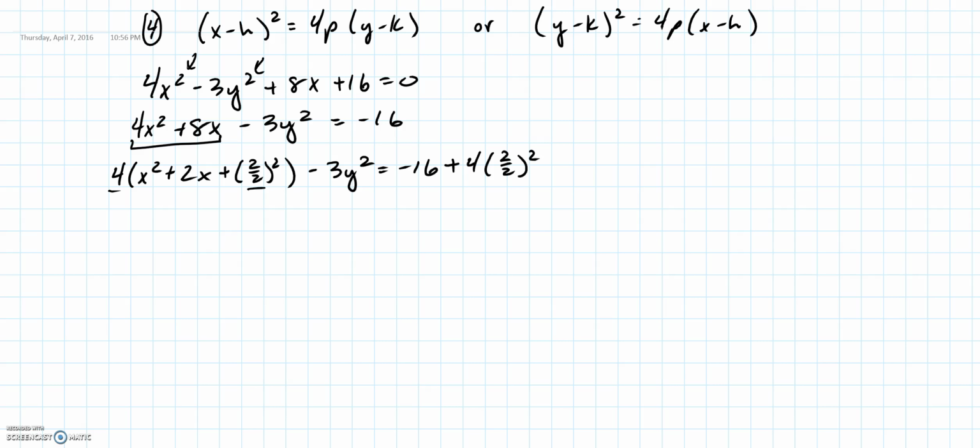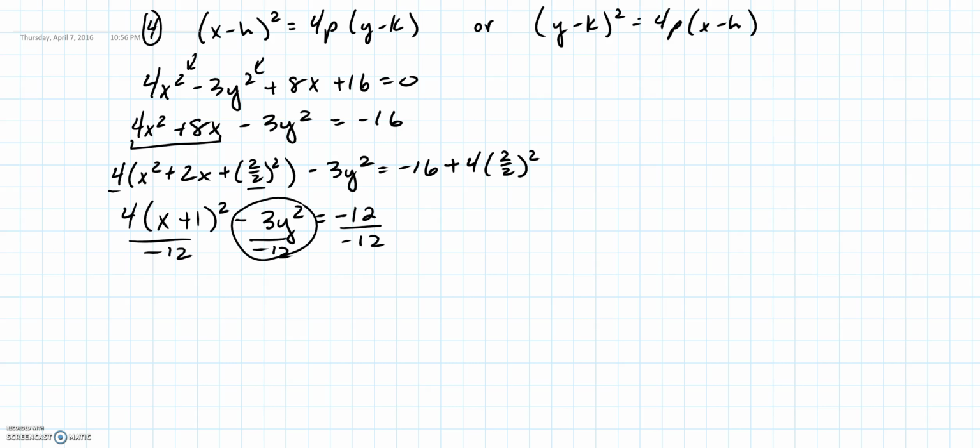So this becomes 4 times x plus 1 quantity squared minus 3y squared equals, let's see, 2 over 2 squared is 1, 1 times 4 is 4, negative 16 plus 4 is negative 12. We want this to be equal to 1, so we're going to divide everything by negative 12.